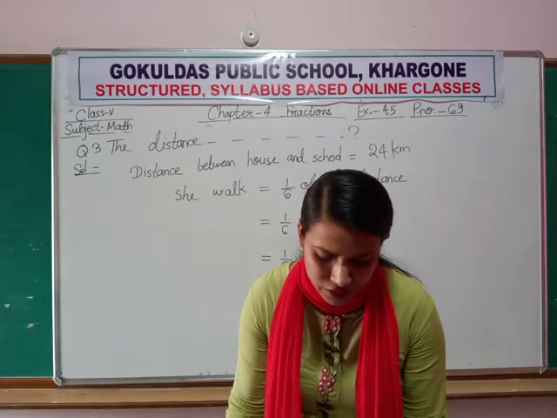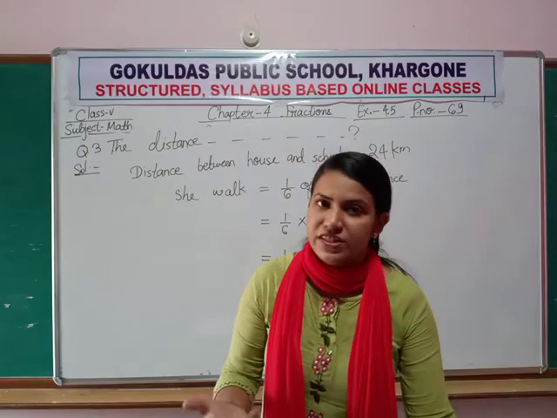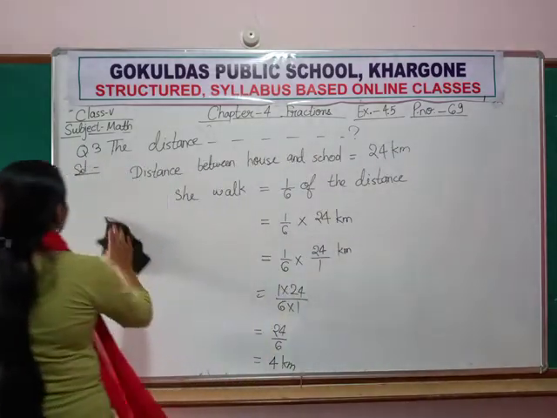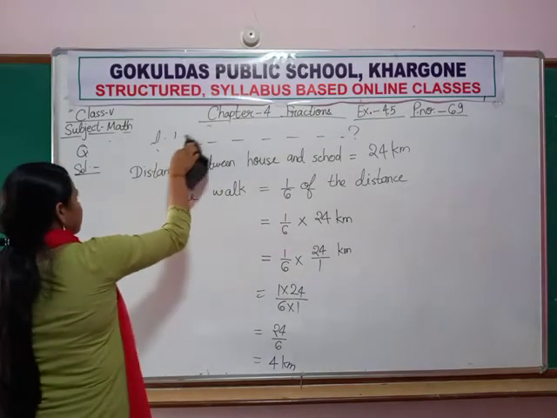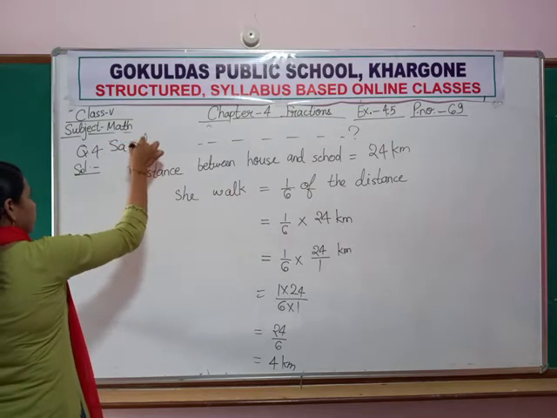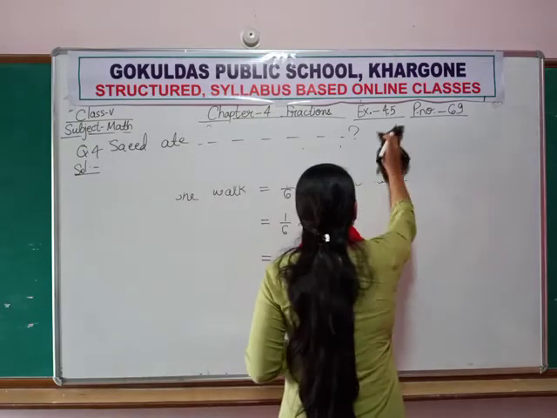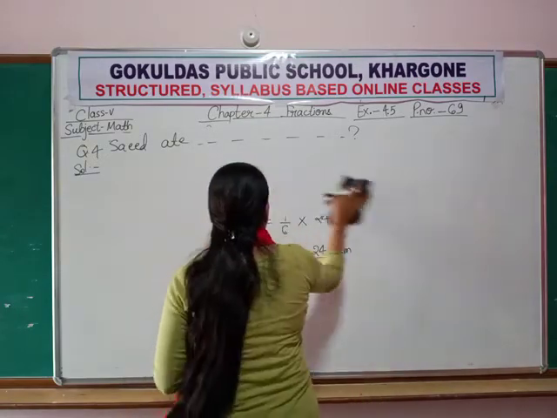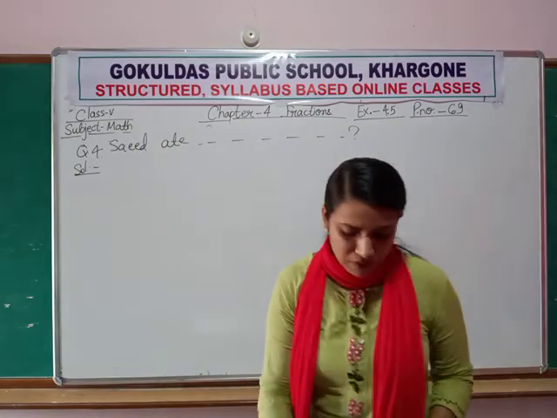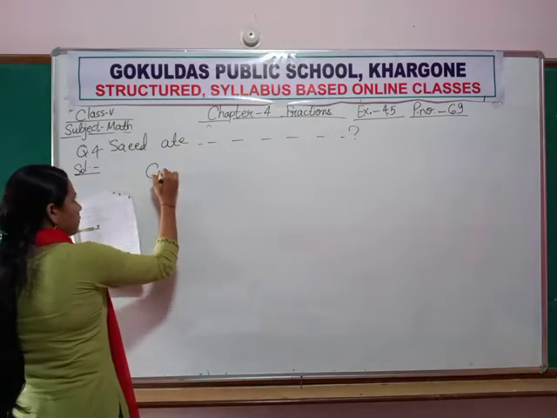Now question number 4. Saeed ate 2/3 of a cake weighing 330 grams. How many grams of cake did Saeed eat? Question number 4. Saeed ate 2/3 of the cake.